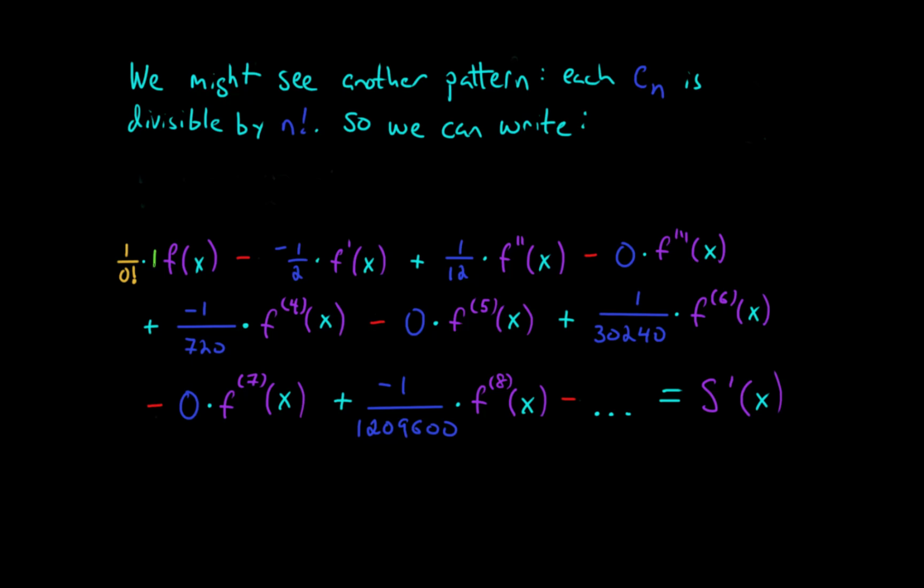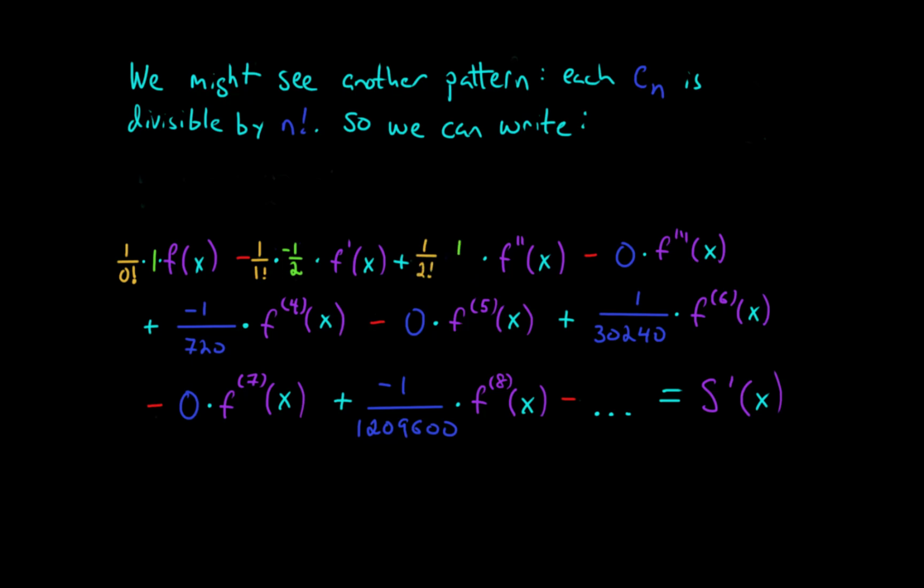Then, for the next term, I can just divide out 1 factorial, so minus 1 over 1 factorial times negative 1/2 times f prime of x, plus, so for 1/12 I can divide out 2 factorial, and it will become 1 over 2 factorial times 1/6 times f double prime of x.